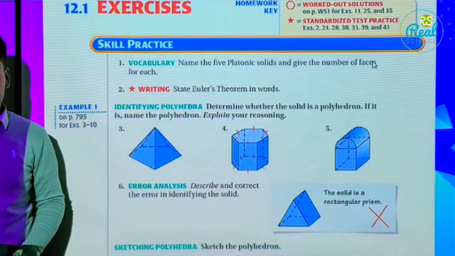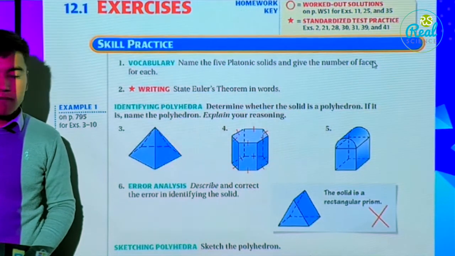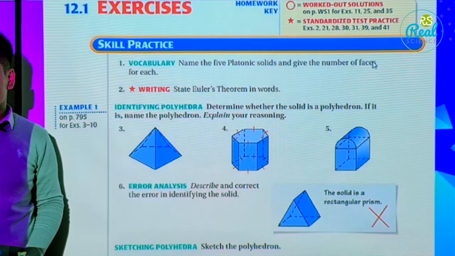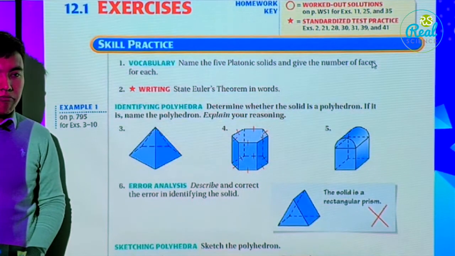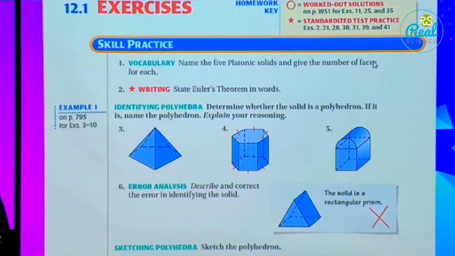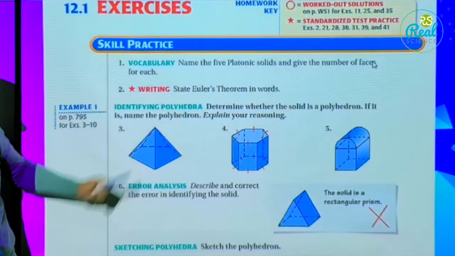Who can tell me the equation of Euler? F plus V equals E plus 2. Correct.